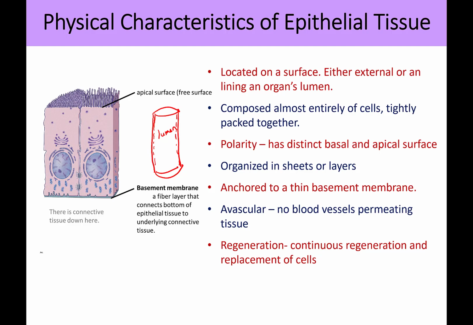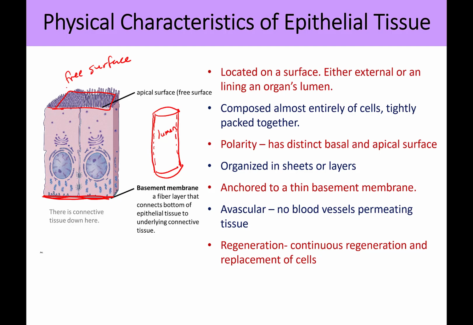Another characteristic of the epithelial tissue is that it has the top layer and the bottom layer. The top layer and the bottom layer are slightly different from each other. This is called polarity. Polarity means both sides are different. The apical surface, or the apical layer here, is exposed to the free surface.